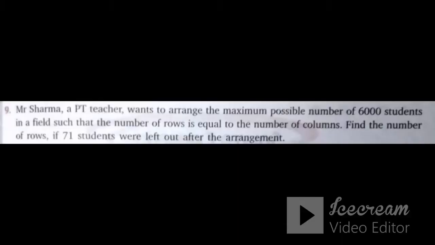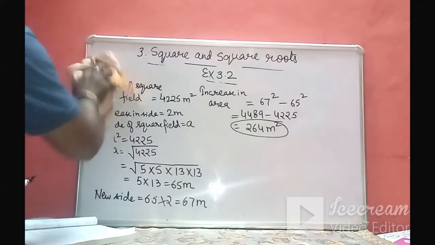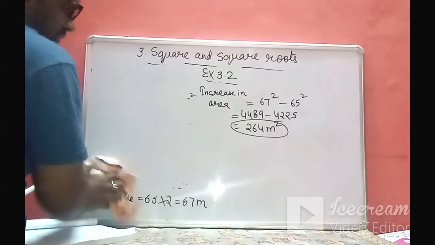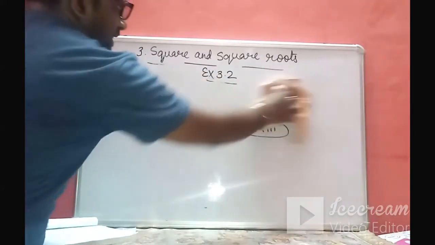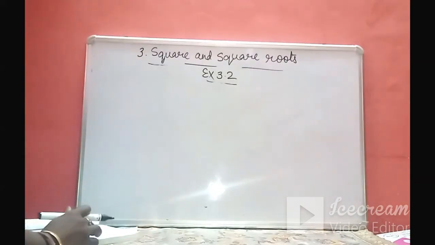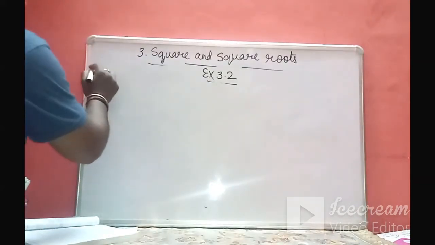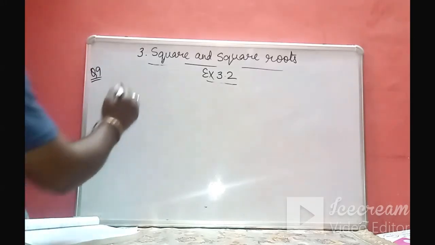Okay, next is question number 9. So question number 9 says that a PT teacher wants to arrange 6000 students in rows such that the number of rows is equal to the number of columns.